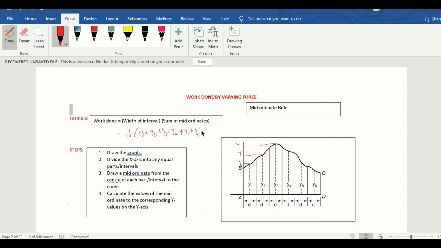That is the formula we can use in this case. Sometimes we might have up to 5 mid-ordinates, or you can have 10, it's your choice. But at the end of the day, we all will arrive at approximately the same value. So here is how we can use the mid-ordinate rule to solve work done by varying force.